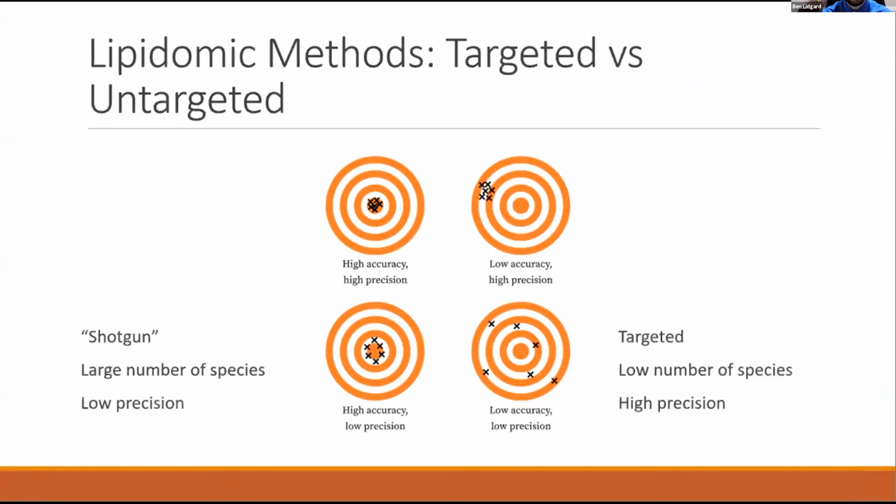So almost without variation, all of these lipidomics are done using mass spec. However, there's a couple of main approaches. There's the so-called shotgun or untargeted lipidomics and the more targeted lipidomics. Now, typically, untargeted lipidomics are used to identify markers and trends of interest, which are later confirmed by targeted approaches.